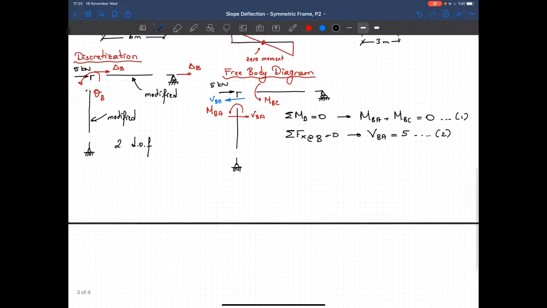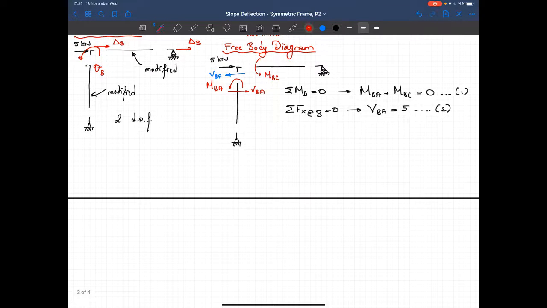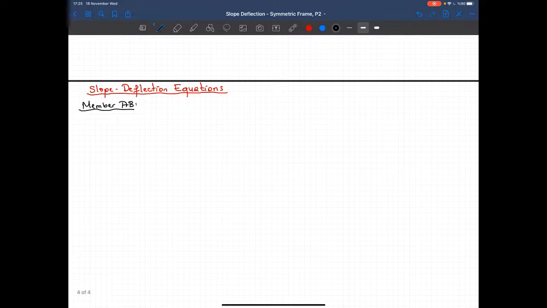Now let's write the slope deflection equations. Let's do it for member AB first. So initially it was here, it moved by delta B amount. That's the chord rotation. Let's show it with an angle.